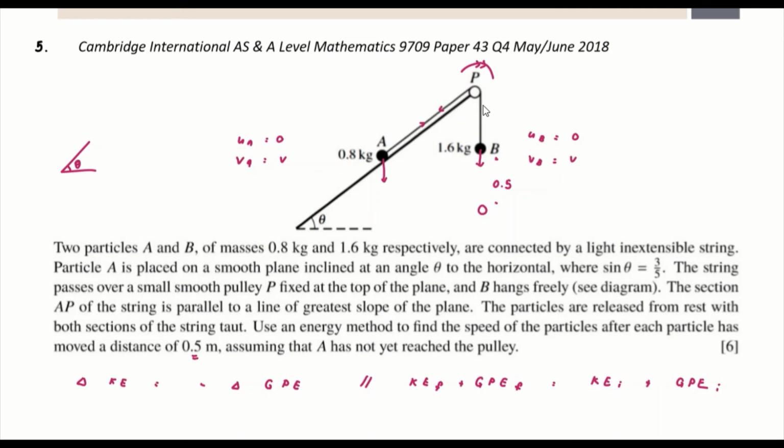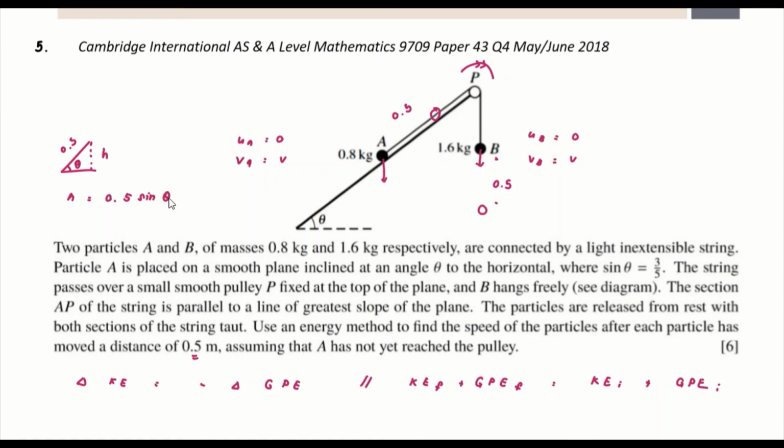So if your particle is here, it doesn't mean that your height is 0.5. It actually means that your slanted distance here is 0.5. So we need to get the height change here. So h over 0.5, the same thing, h is going to be equal to 0.5 sine theta.